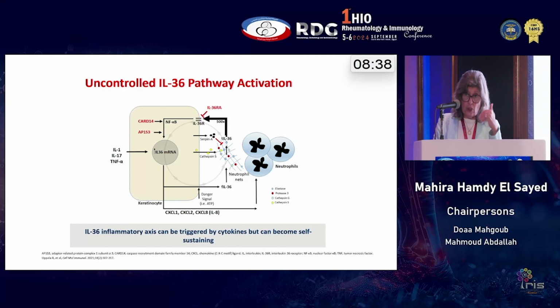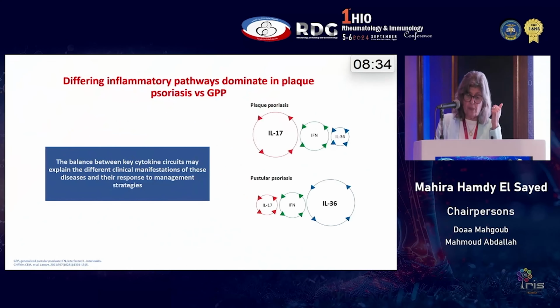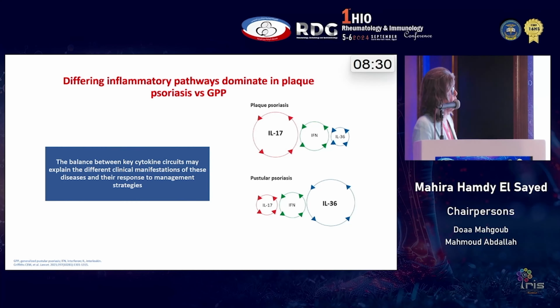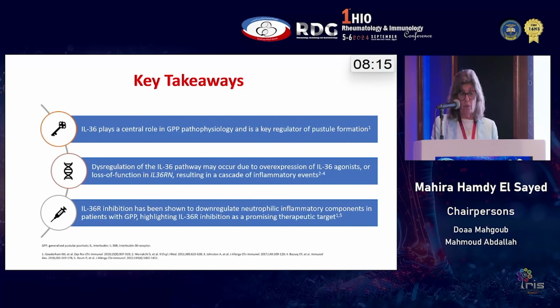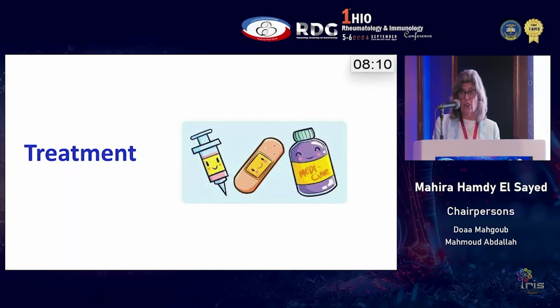It's self-perpetuating, like psoriasis exactly, and I think this morning Marwa explained this, but I found this very interesting because, as you can see, the three cytokines responsible for plaque psoriasis are also involved in pustular psoriasis, but mainly the driver here is interleukin-17, and the driver here is interleukin-36, so it's the other way around. So, key takeaway: interleukin-36 plays an important role in GPP.